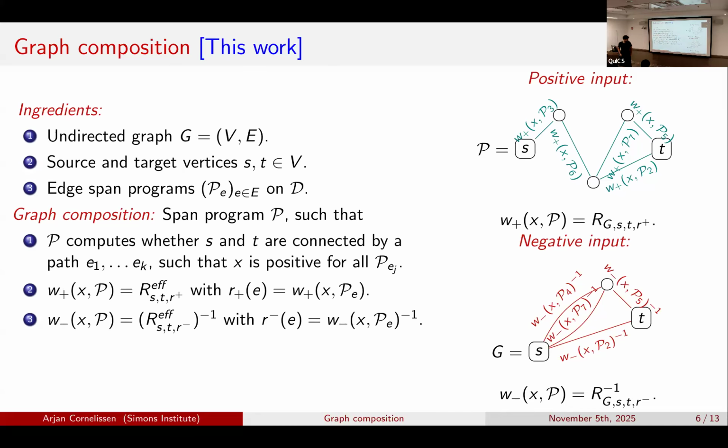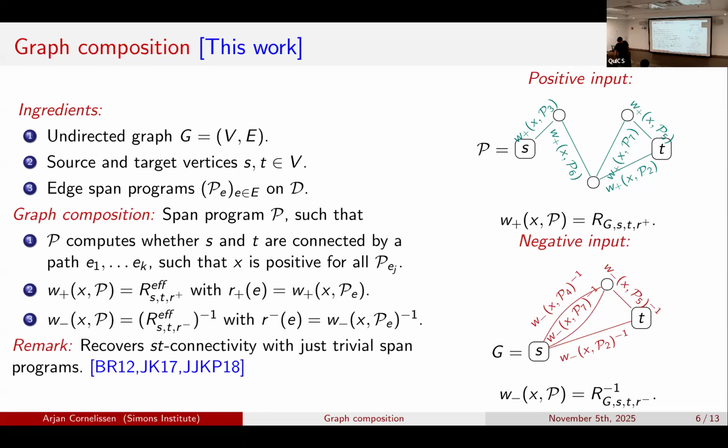Okay, so this is the effective resistance. One remark I want to make: I've now told you what the graph composition framework does, how it takes small span programs and turns them into a bigger span program. If all of the span programs that we started with are trivial span programs, just doing single bit queries, then we recover the ST connectivity graph.